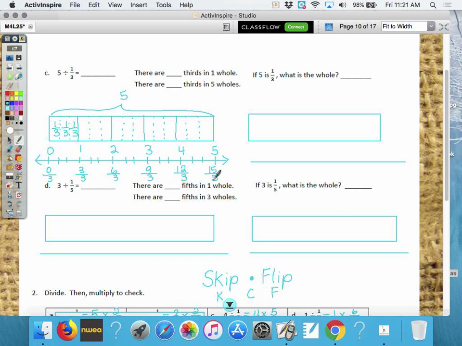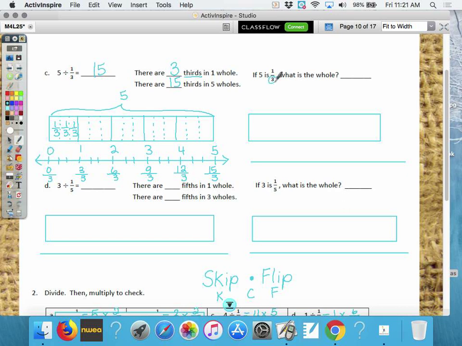Okay, so I didn't really want to write all those thirds inside of there, so we'll do it like this. So here's what we have. How many thirds are in one whole? 3. They match because it's 3/3. Then how many are in 5 wholes? 15. Okay. That's pretty simple.